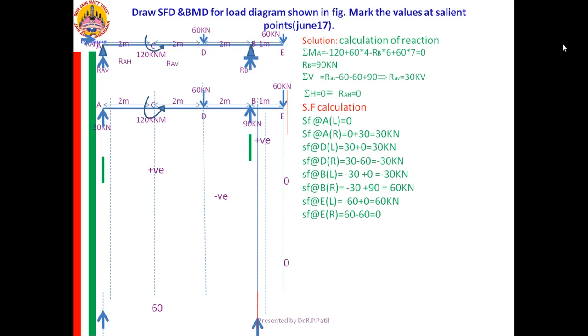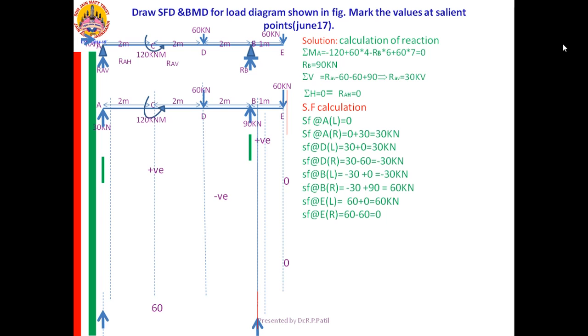I will try to complete the diagram. What is the procedure I told you? First you calculate the SF at important points. Then you put these ordinates at those locations to some scale.